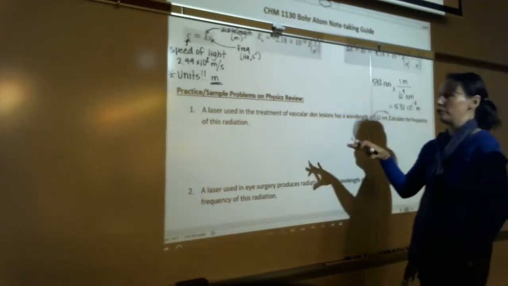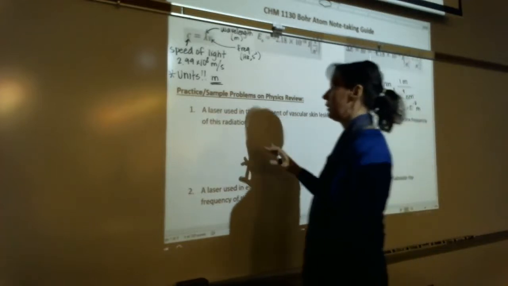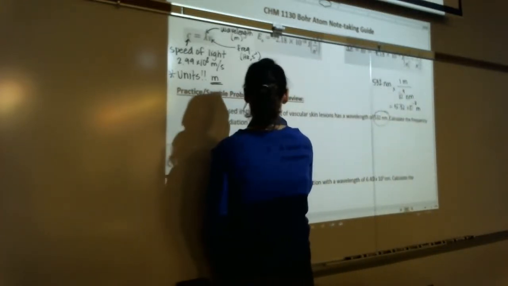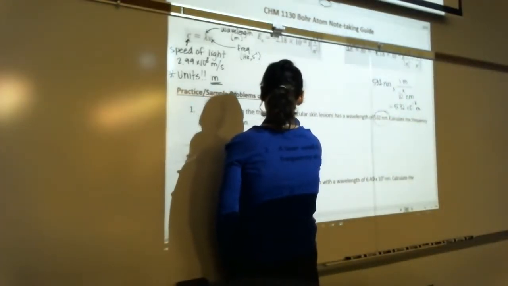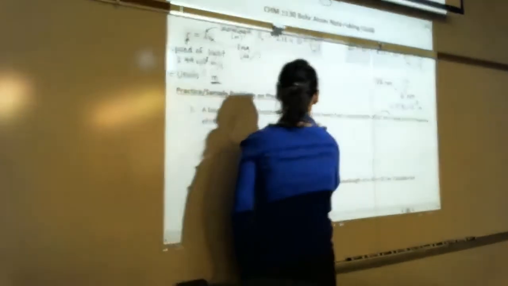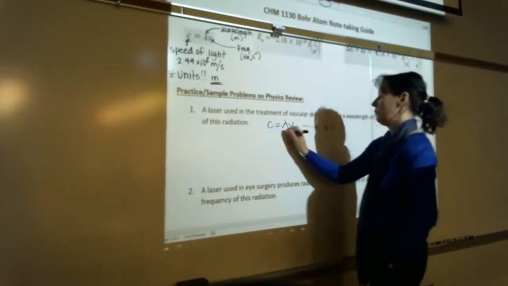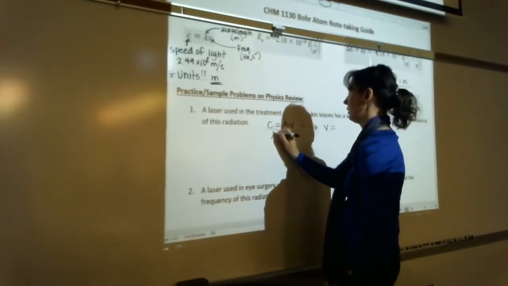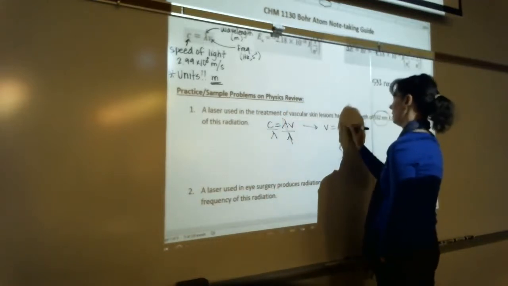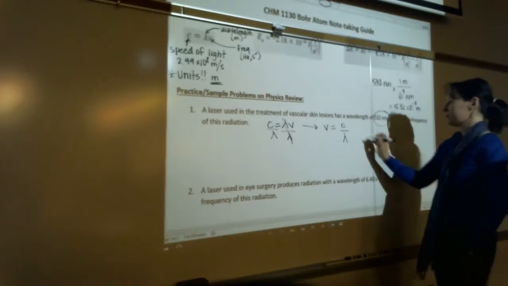Okay, so we want to know the frequency. So you can plug it directly in and then do the arithmetic, or you can rearrange it and then plug it in. It really doesn't make any difference to me. You're going to get the same answer either way. Wavelength times frequency. So that means that frequency is what? We divide both sides. All right, we're just plugging in.